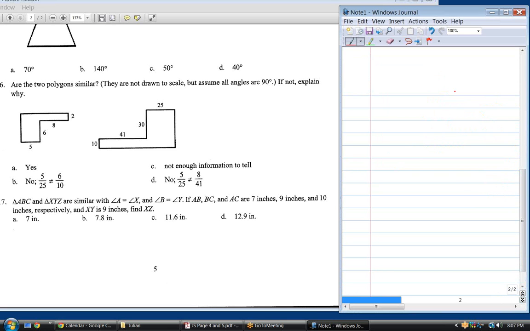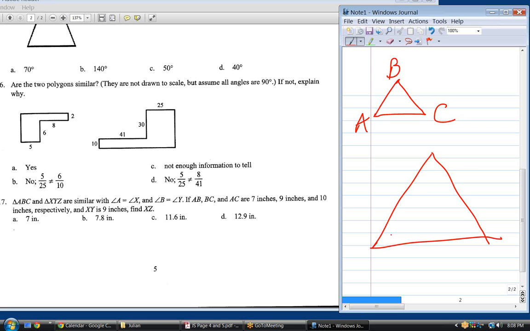Alright, let's see. We have two triangles that are similar. Draw them like this: ABC and XYZ. Angle A is equal to angle X, B is equal to Y, and obviously C is equal to Z.